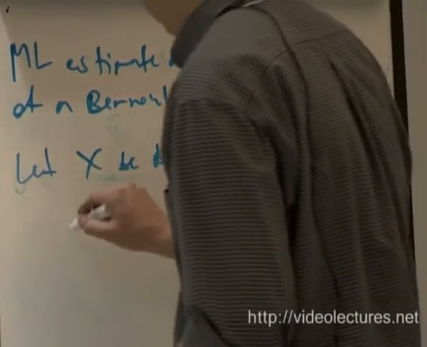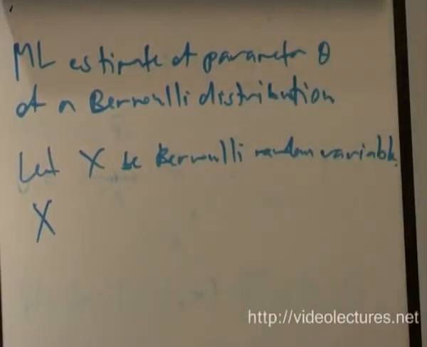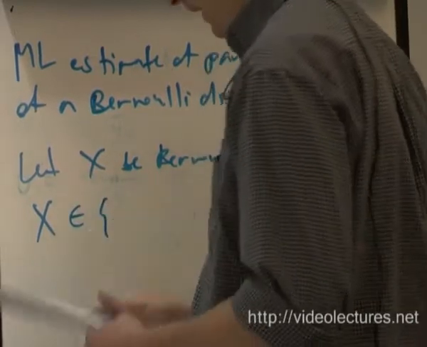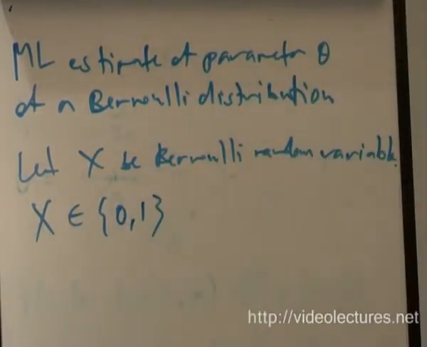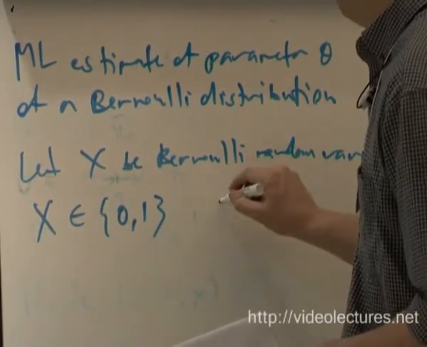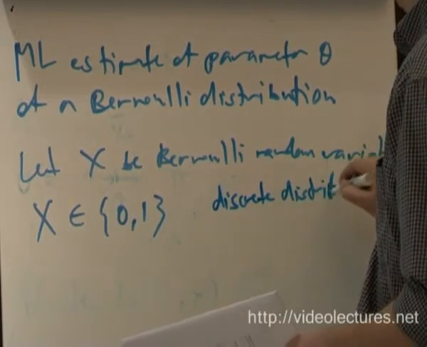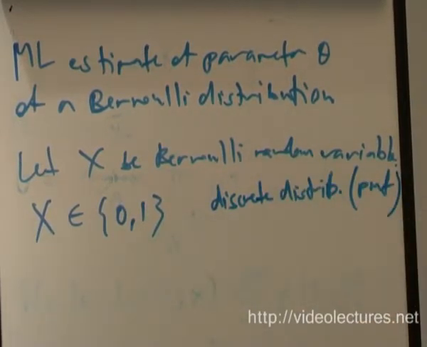I guess it's a conflict of notation. Before I used capital X for the space of all possible outcomes. So here, X is the random variable, and its possible outcomes are 0 and 1. So those are my names for heads and tails. And so it's a discrete distribution, so it's a probability mass function as opposed to a probability density function.